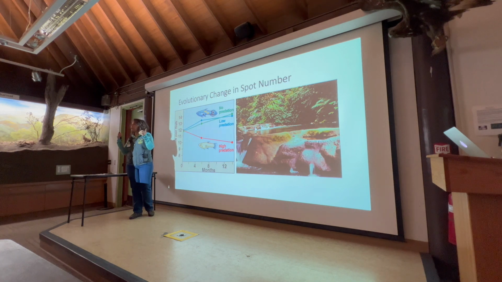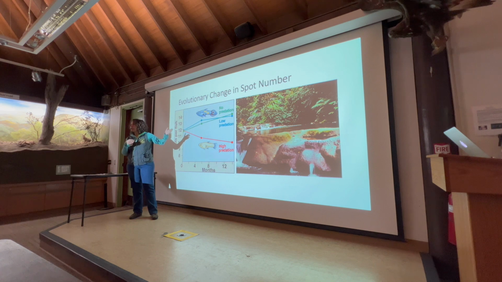So we can see that's evolution of this population over generations, because the number of spots is genetically fixed, and that was determined separately outside of this experiment. The number of spots they have is a genetic trait that they pass on to their offspring. Where there's high predation, more of the guppies that are plain survive, so more of those have offspring.